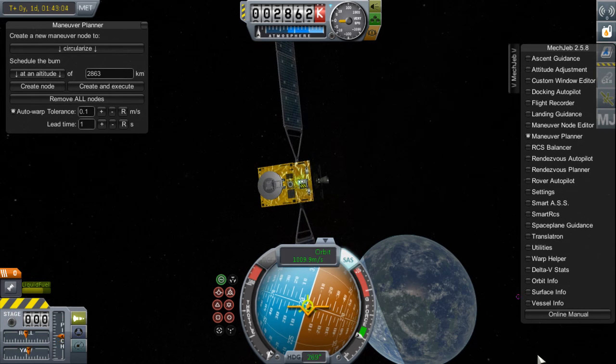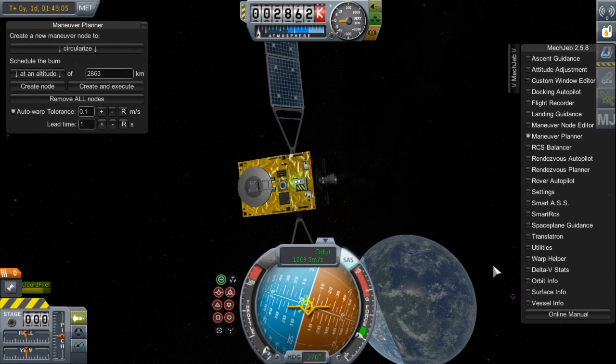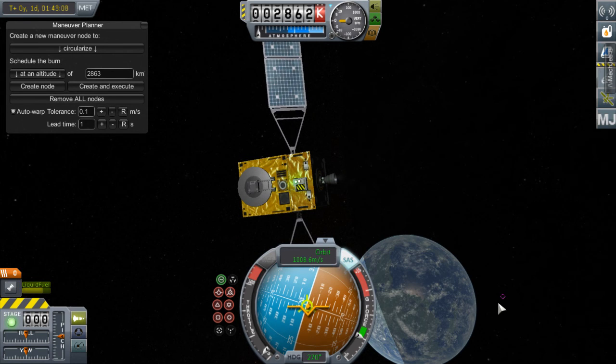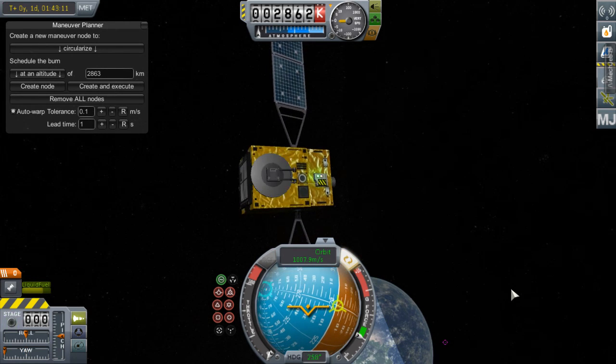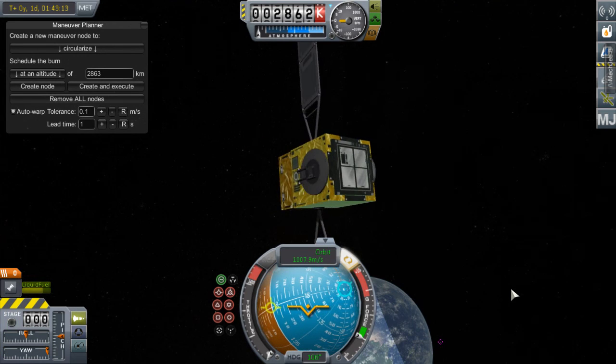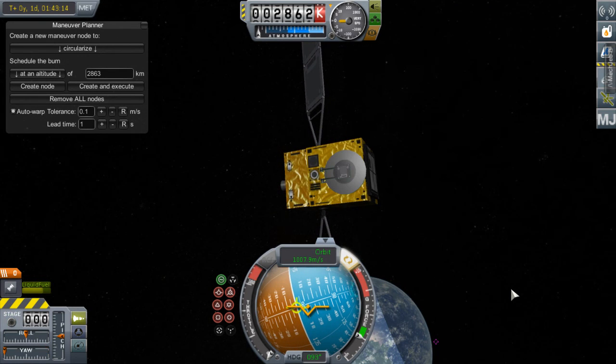Beginning final fine-tune with the onboard maneuvering engine. We just have to make a short 0.1 meter per second burn.